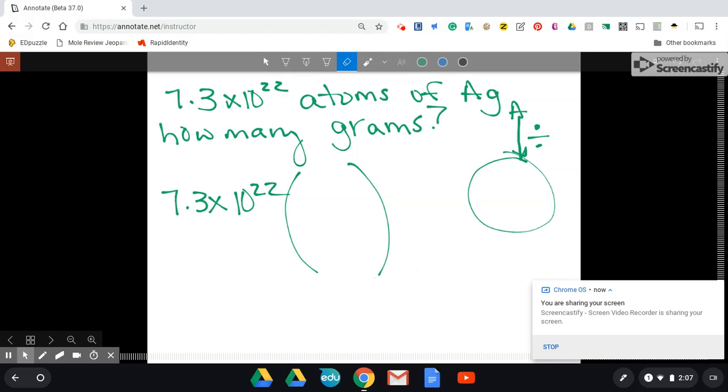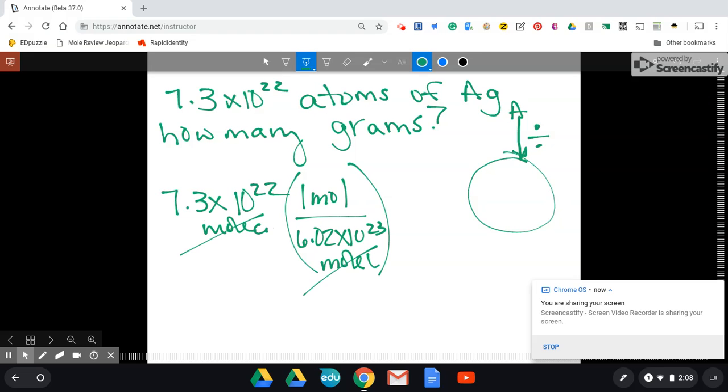Next thing I'm going to do is put what I want to go to. I've got to go to moles first. So 6.02 times 10 to the 23rd gets me out of molecules, because that was molecules. So molecules is gone. Now, I'm trying to get to grams.